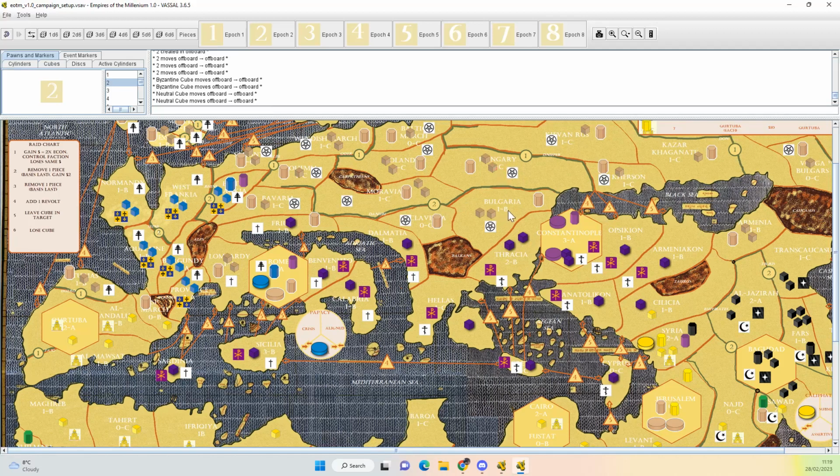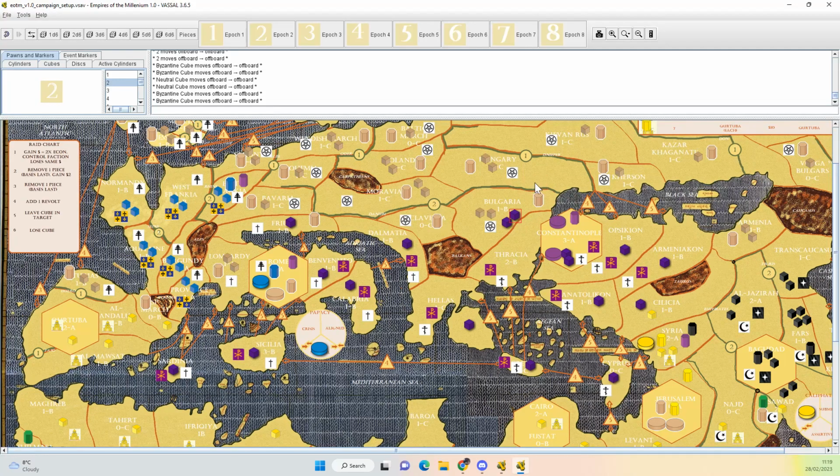How the communications rating impacts gameplay is 2 ways. One, it impacts how many cubes you need in a location to subjugate there and reveal a cylinder or remove a revolt. So if Bulgaria is a B, then the Byzantines need 2 cubes to flip 1 cylinder when they subjugate there.